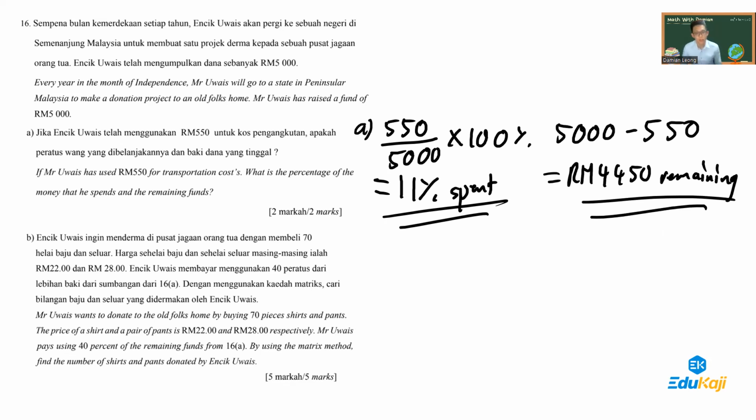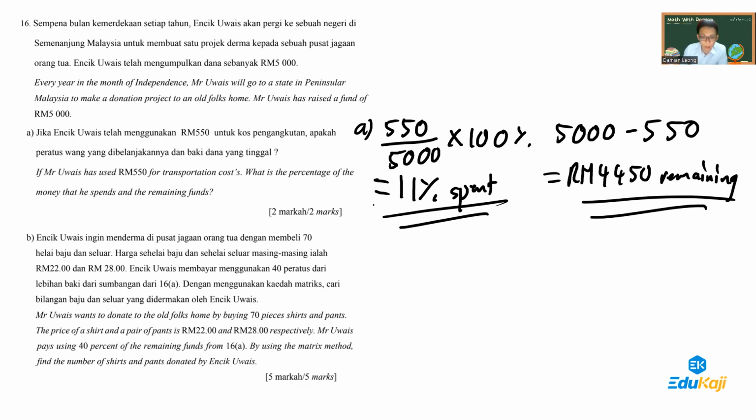Yeah, price of a shirt and a pair of pants is 22 ringgit and 28 ringgit respectively. Mr. Wise pays using 40% of the remaining funds from 16A. So by using matrix method, find number of shirts and pants donated by Encik Wise.